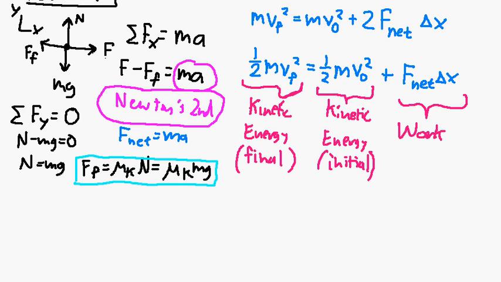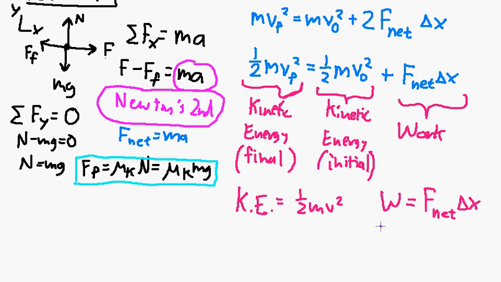So kinetic energy equals 1/2 mv squared, and work equals F net times delta x. And this is one dimension.